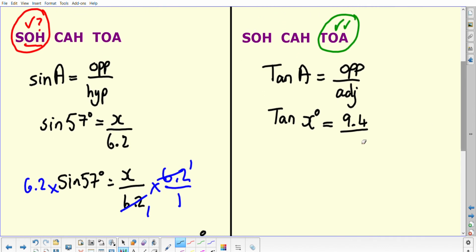adjacent side was 13.8. Now when it's the angle that you're working out, your working is a wee bit different. What you need to do here to work out your angle, so you write down x equals, and this is where you have to do what's called the inverse tan, where you have to do shift and then the tan button.